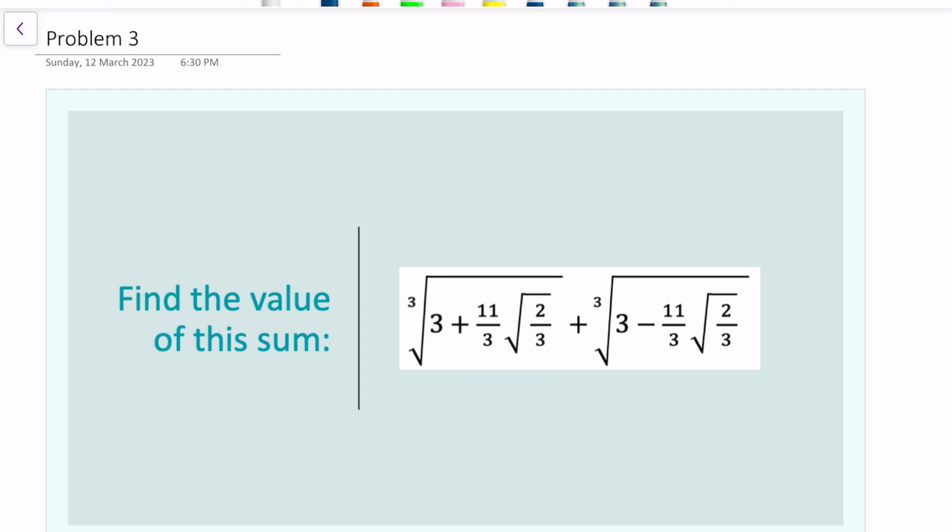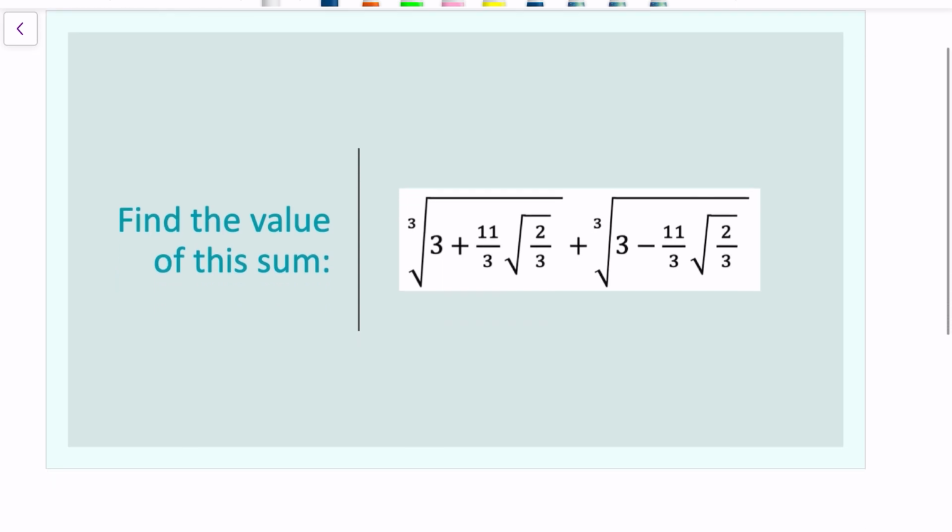So I've done that. I've substituted into the calculator. I've used my technology to my advantage, and I've come out with an answer of 2. And the reason for that simplification is because of the conjugate stuff, the nature of the symmetry in the problem. There's the 3 plus and 3 minus conjugate stuff.